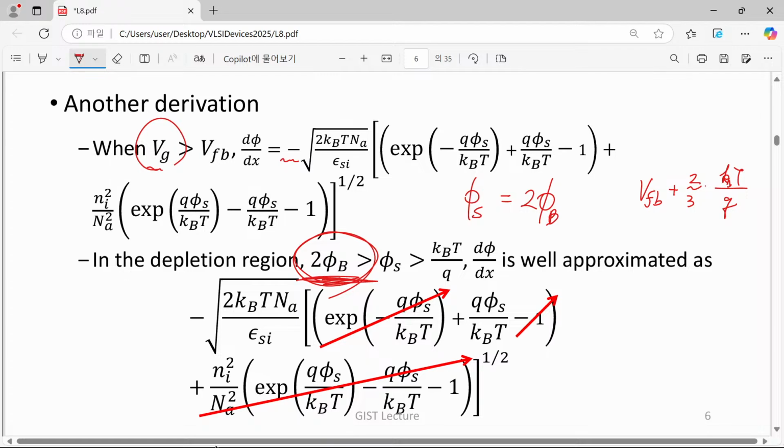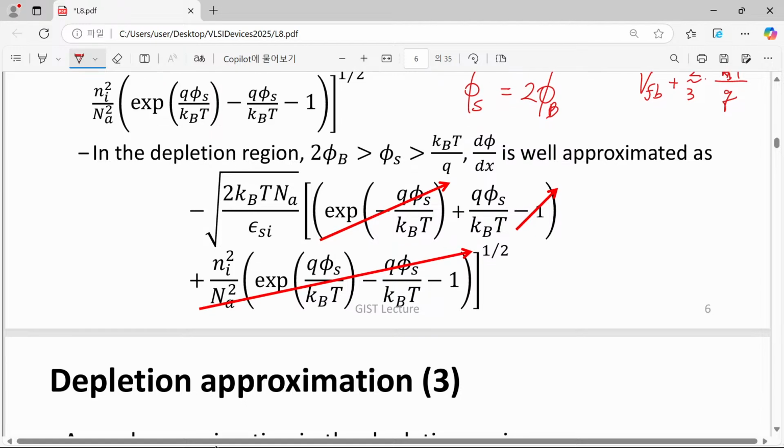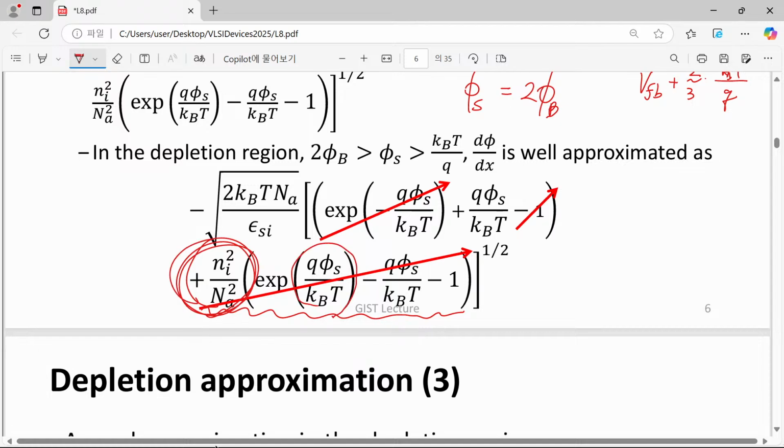So by applying this condition, surface potential is way below 2 times phi b, so we can eliminate this entire term without any difficulty, because this leading coefficient is so small and this exponential function cannot overcome that small leading coefficient.